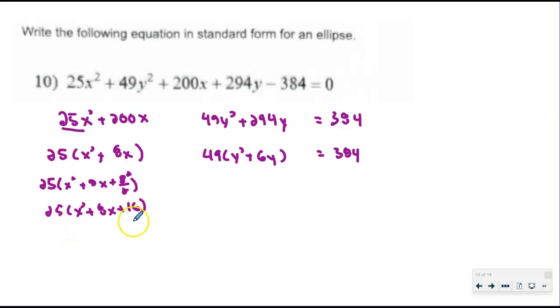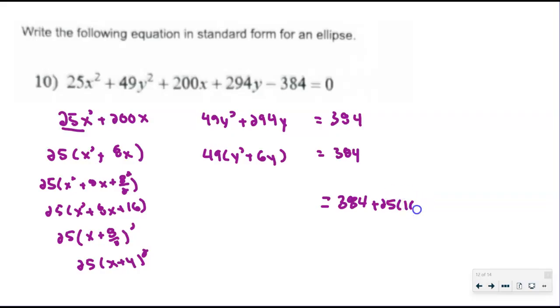And then we want to factor out this expression, which I'm just taking b over 2 again. So it's going to be x plus 8 over 2 squared. In this case, I got 25 times x plus 4 squared. So the x is completed. Now, when I added the 16, really I added 25 times 16 to both sides.